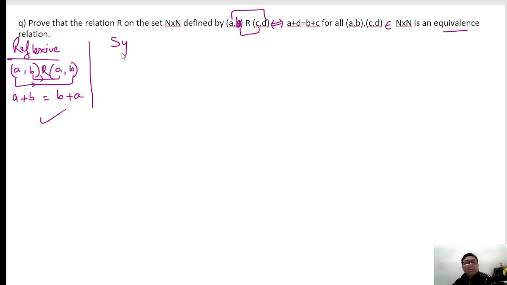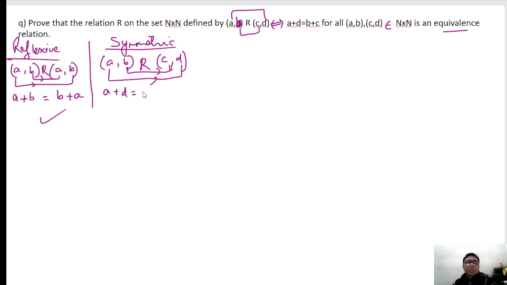Now come to symmetric. (A, B) R (C, D) is written as A plus D equal to B plus C. We have to check whether (C, D) R (A, B).